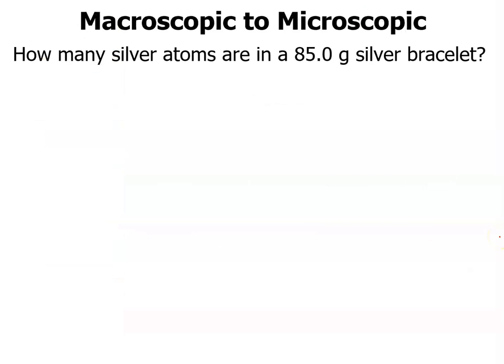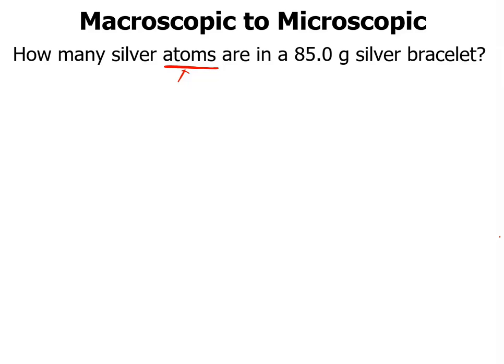Again, let's go back and look at some of these questions where we want to determine something. We're going to change this to how many. Before, in the last examples, we were looking at how many silver molecules, and before that how many moles. Now we want the number of atoms.